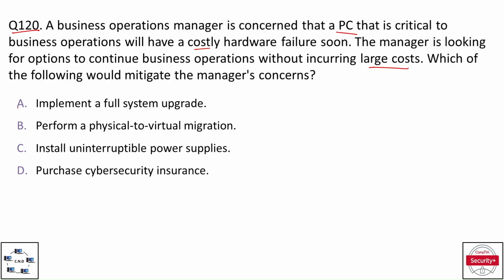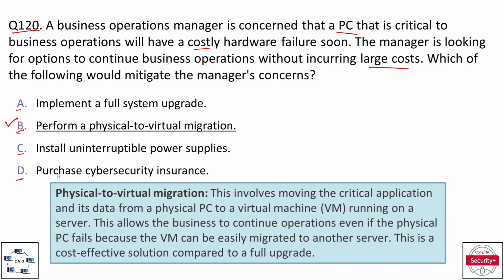And the options are option A, implement a full system upgrade. Option B, perform a physical to virtual migration. Option C, install uninterruptible power supplies. And option D, purchase cybersecurity insurance. And the correct option is option B, perform a physical to virtual migration.